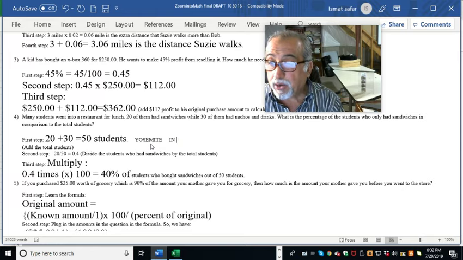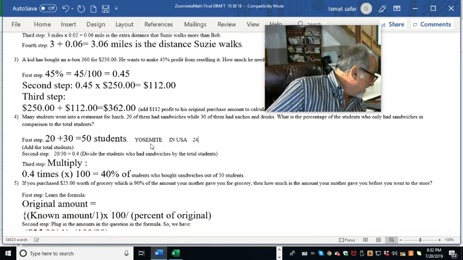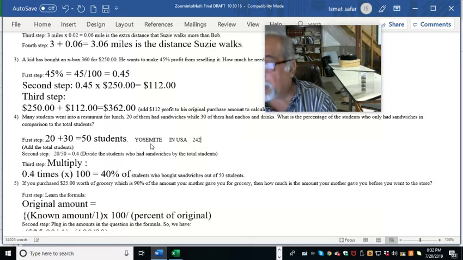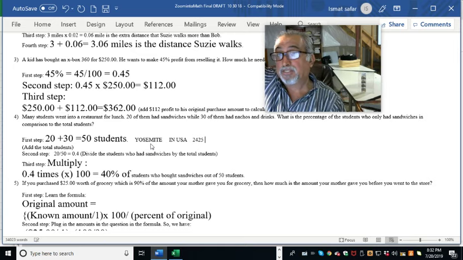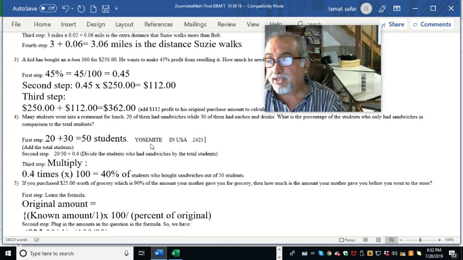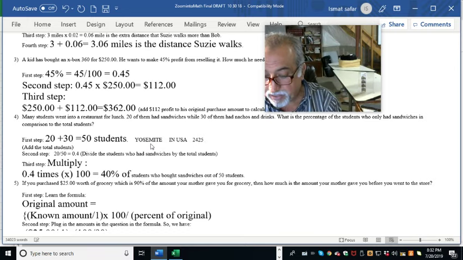Now I'm gonna make USA large. It is 2,425 feet from the top, where it goes from the top to the bottom, which is 739 meters.